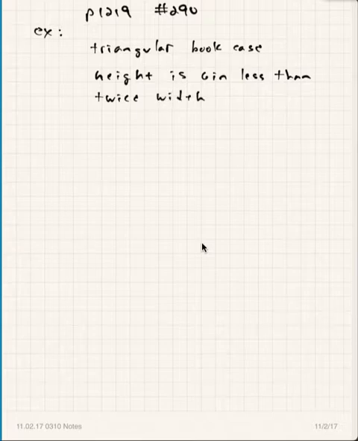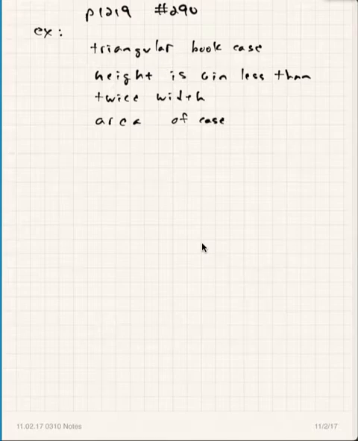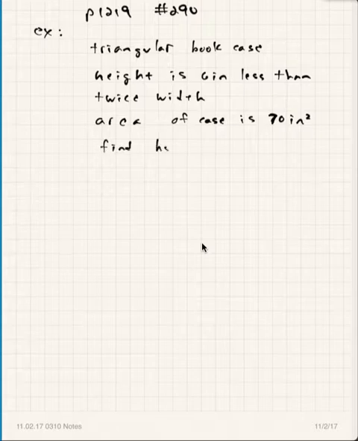The area of the back of the case, so the area of the case is 70 square inches. Find the height and the width of the case. All right, so that's the important information right there.